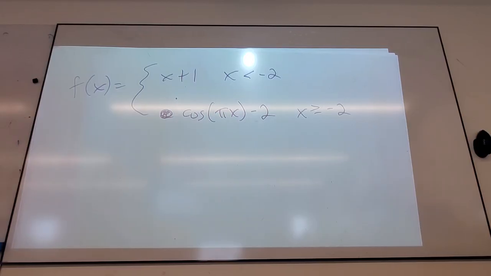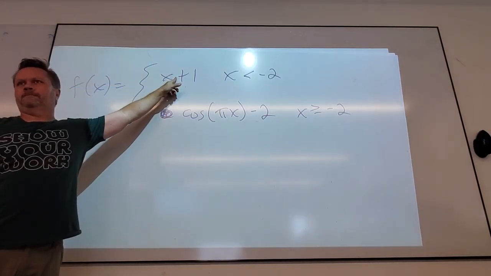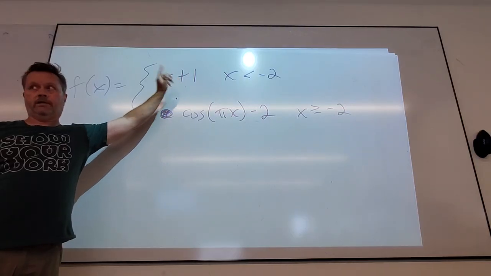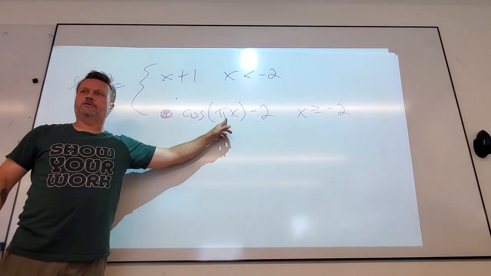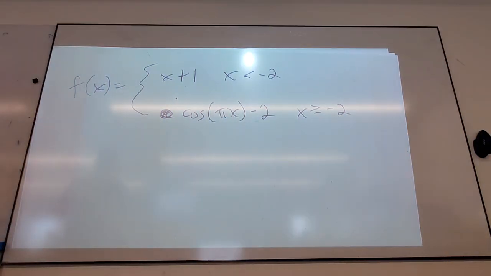Probably. What's the output for -2 here? Where's this trying to be? What's the output at -2? When you plug in -2, you get -1. What's the output at -2 here? What's the cosine of -2 pi? Where am I at? -2 pi. From your perspective, I'm going to go back to pi.